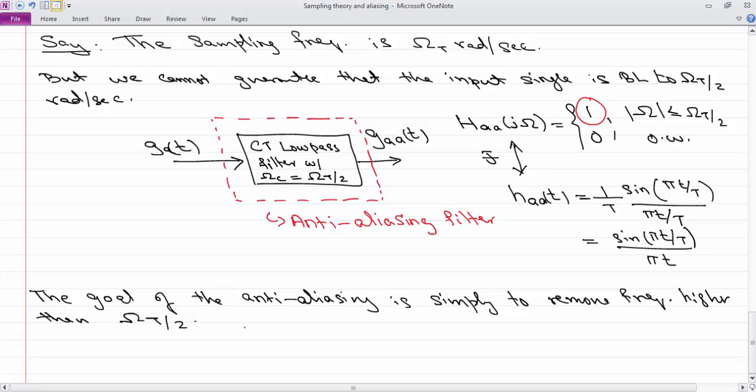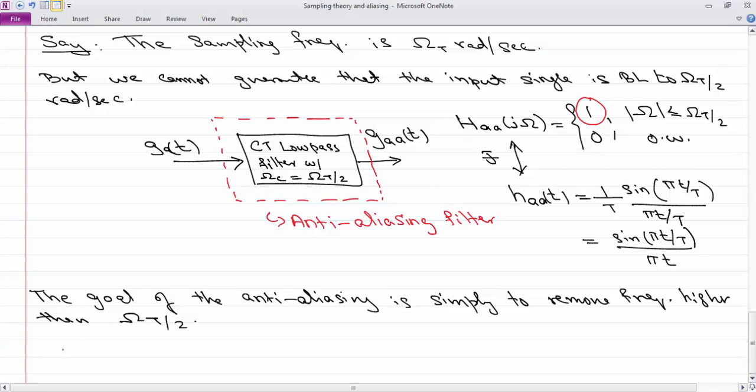It does not try to change the contribution of frequencies below that range. And in some cases, the anti-aliasing filter will lead to loss of information because you are throwing away higher frequencies. But at least you are not making those higher frequencies fold onto lower frequencies.